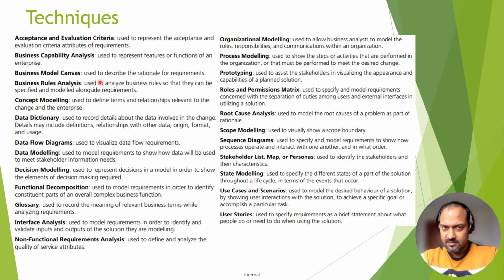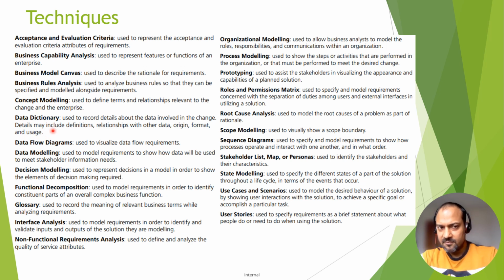Business model canvas used to describe the rationale for requirements. Business rule analysis used to analyze business rules so that they can be specified and modeled alongside requirements. Concept modeling used to define terms and relationship relevant to the change and the enterprise. Data dictionary used to record details about the data involved in the change. Details may include definition, relationship with other data, origin, format, and usage.